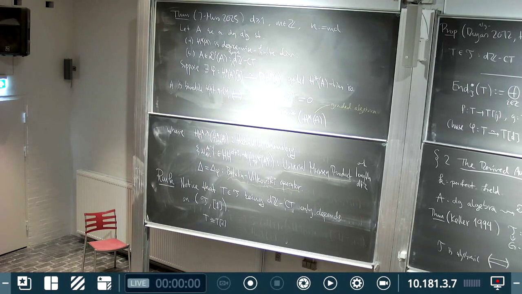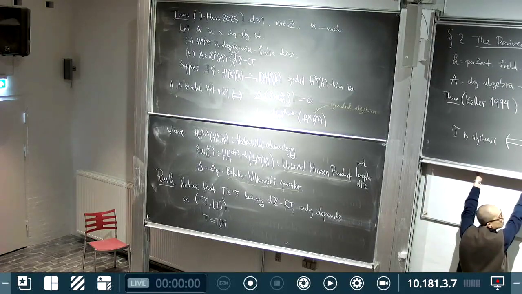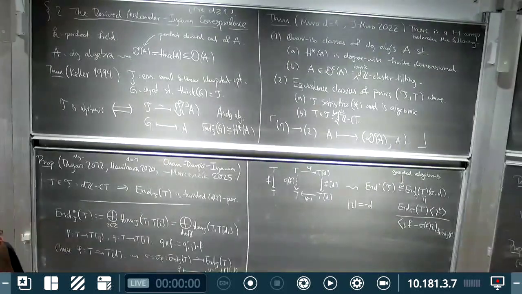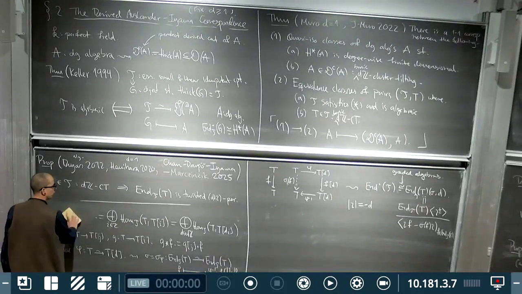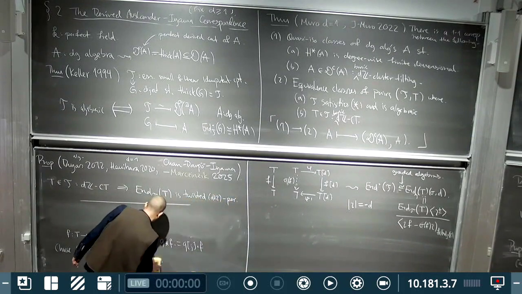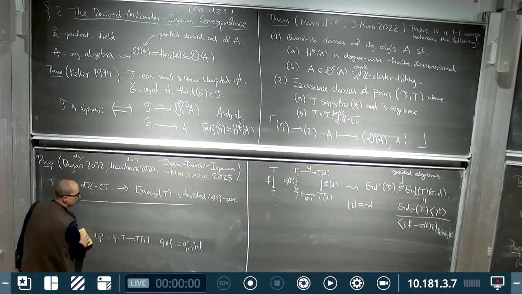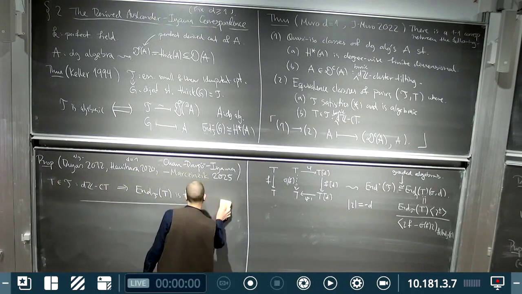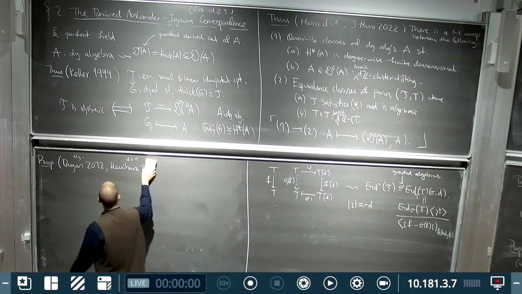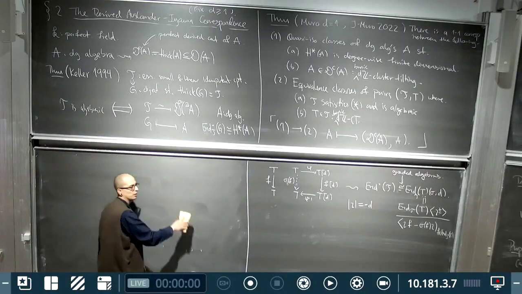So I have 10 minutes, and with that, I will need to erase this. While I erase, let me emphasize something I've noticed whenever I talked about this topic: very often the role of this algebra automorphism sigma is not clear, perhaps because I don't explain it very well.